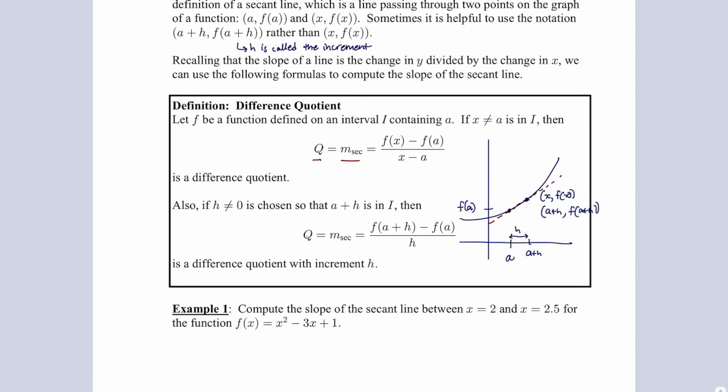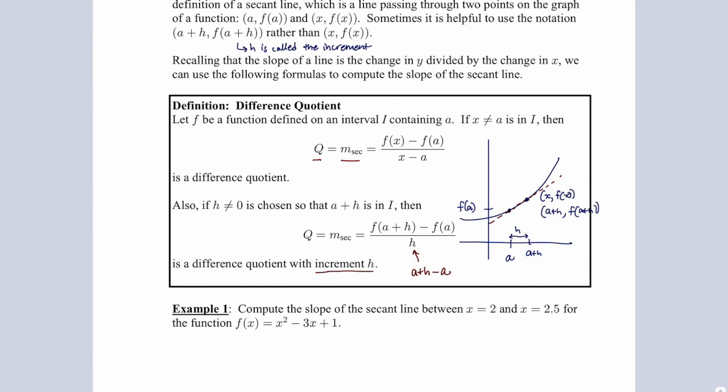So sometimes we'll compute the difference quotient by doing f of x minus f of a over x minus a, and sometimes we'll do f of a plus h minus f of a over h. Notice this h is the same as a plus h minus a. So we're still taking a difference of x coordinates, but we can just simplify that to h. And like I had mentioned above, that is called the increment for that difference quotient.